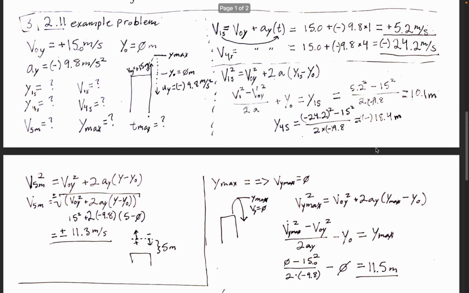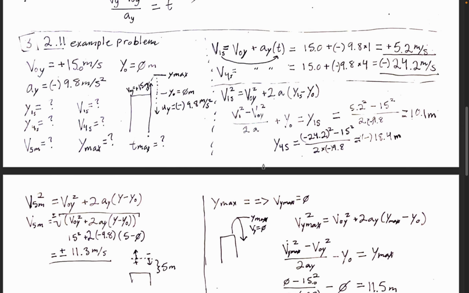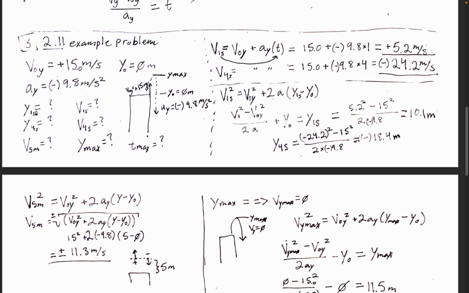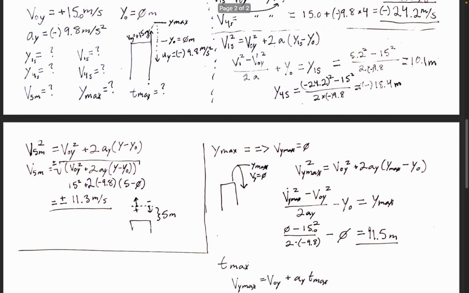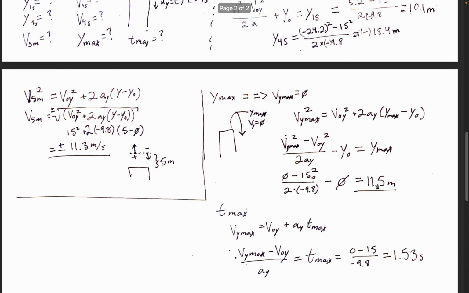And it is higher than at 1 second, so you know that at 1 second it is on its way up. Above, it said that it was 10.1 meters, and it was also still going up at 10.1 meters, which means it's not too far after 1 second that it reaches 11.5 meters.